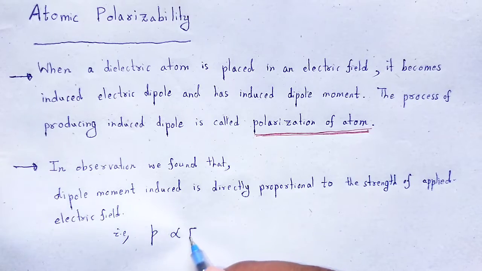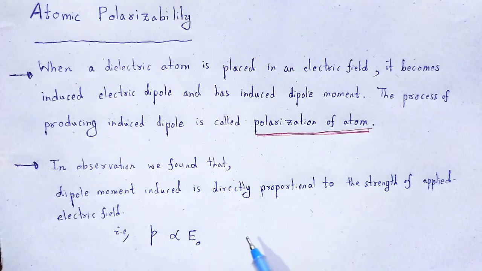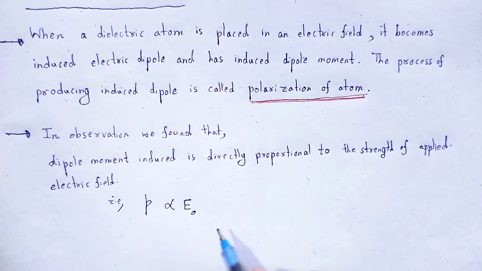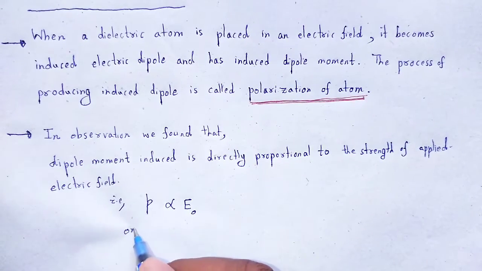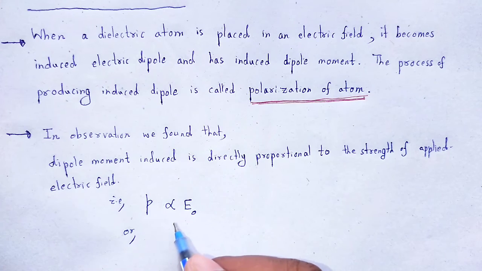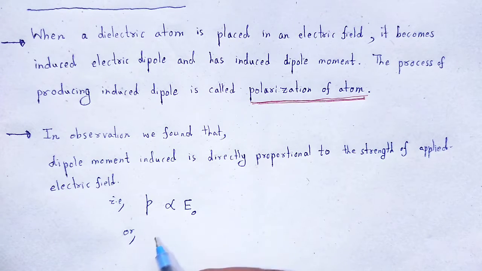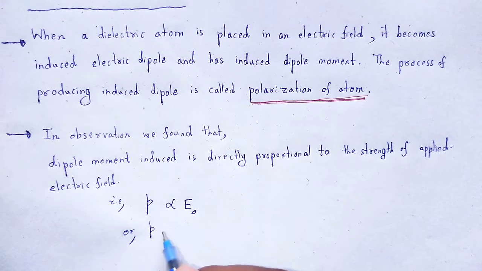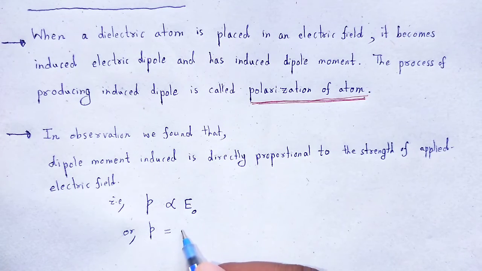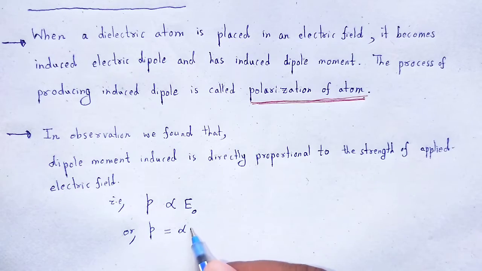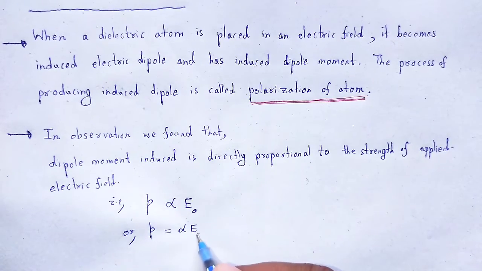Let that applied electric field be E naught. A proportionality constant is used: p is equal to alpha E naught.